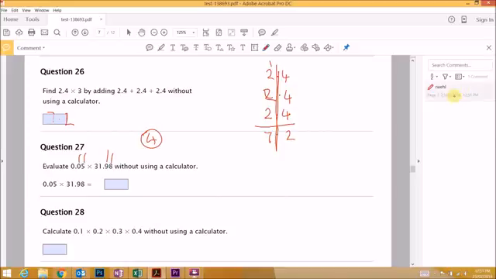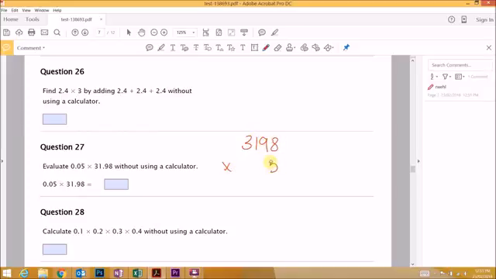So now let's do the algorithm, which is big number on top times the other number on the bottom. 5 times 8 is 40. 5 times 9 is 45, plus that makes it 49. 5 times 3 is 15.